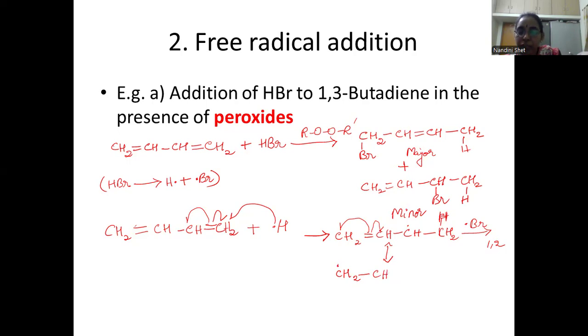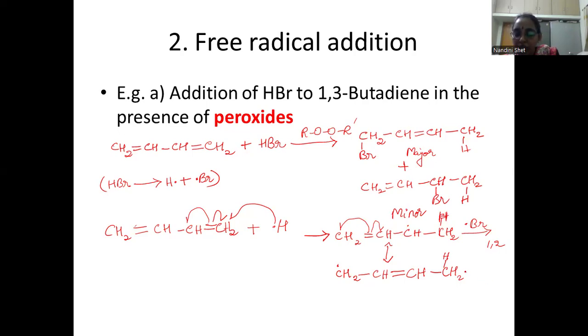The radical which was formed has now formed a new pi bond with the adjacent carbon. So it becomes like this, and H remains as it is, and then CH2H. There is no change over here as well.